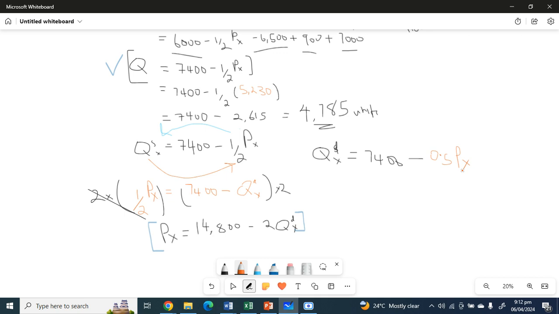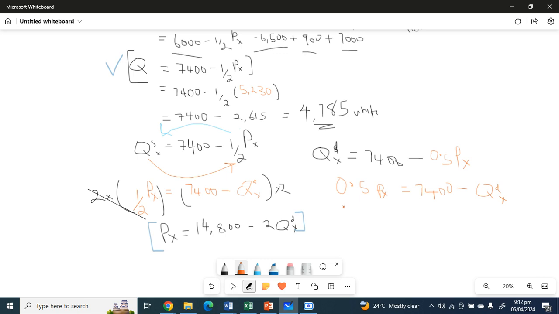For these ones, it's rare you see powers. So you would have taken 0.5 PX over the equal sign so that you keep it positive. Then this side you have 7,400 minus QDX.